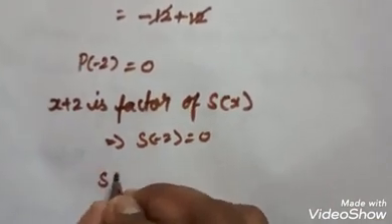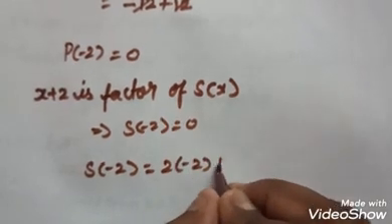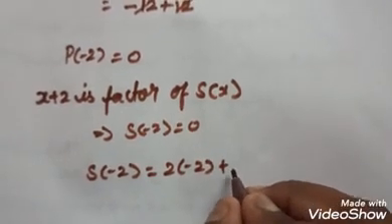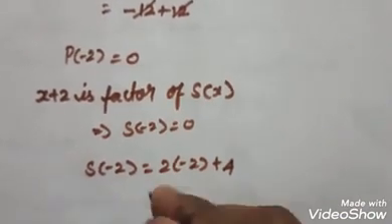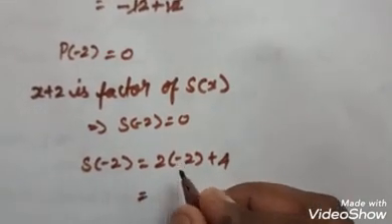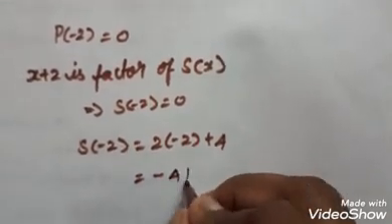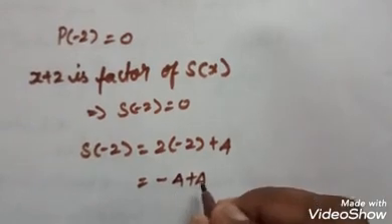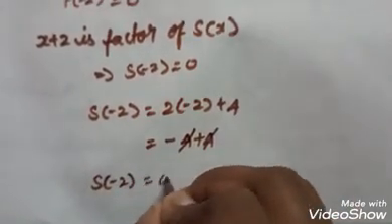So s of minus 2 is equal to 2 into minus 2 plus 4. Here plus into minus is minus, 2 2s are 4, so minus 4 plus 4 becomes 0. So s of minus 2 is equal to 0.